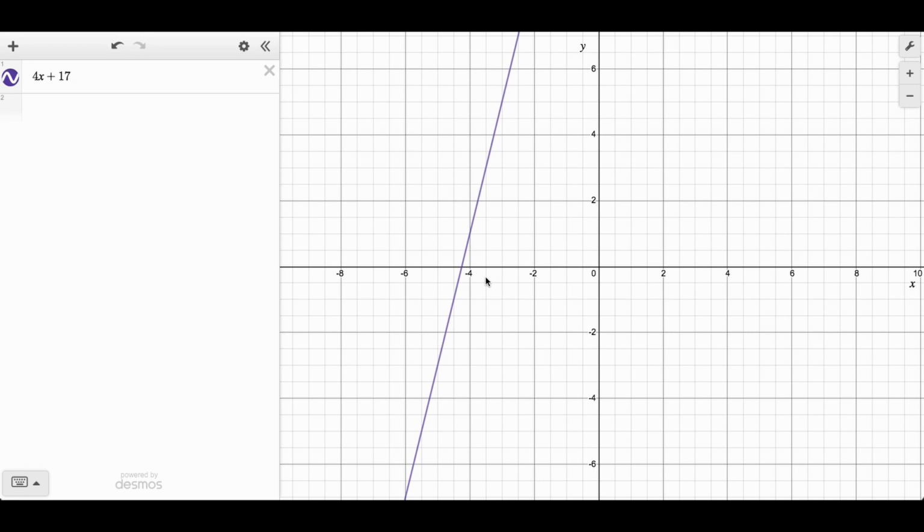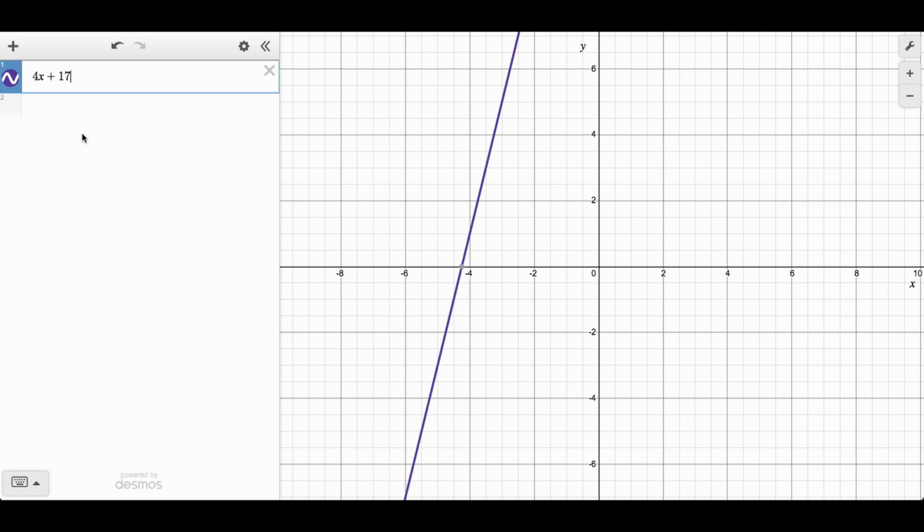So this is the graph of our expression, 4x + 17. And this is the same thing as y = 4x + 17, as you can see here. So I'll just delete that.